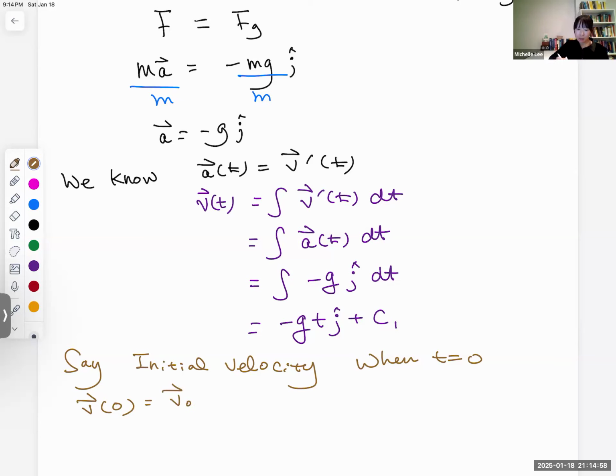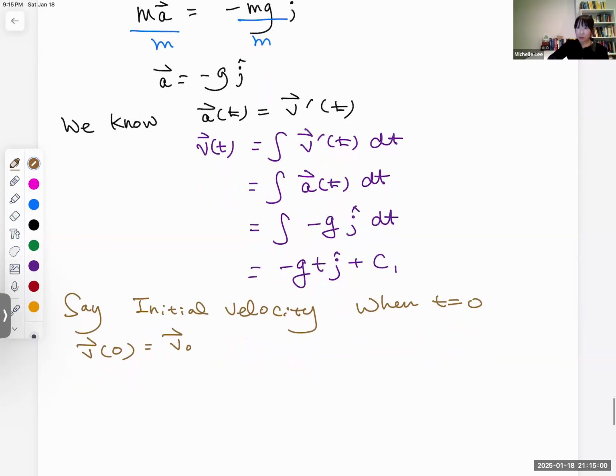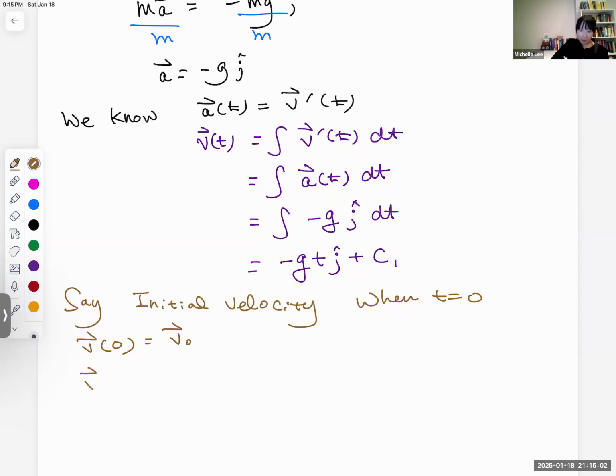Okay, now we have v of t equal to negative g t j plus c sub 1, right?